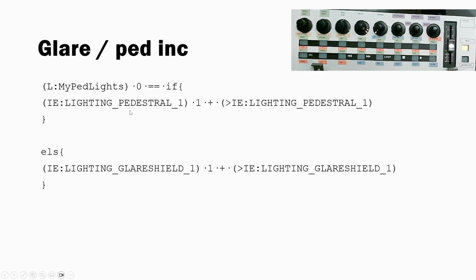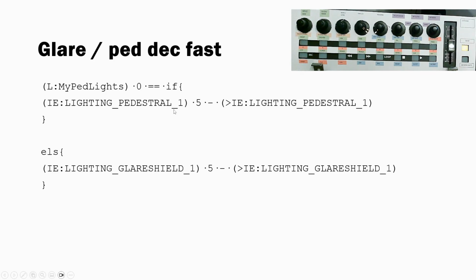Historically, they've always called the variable and event has always been pedestal. Else we'll be changing glare shield 1. That's the increment version, so we're adding 1 to it. The fast increment will be adding 5 to it. The decrease one will be subtracting 1 or subtracting 5 for the fast version.